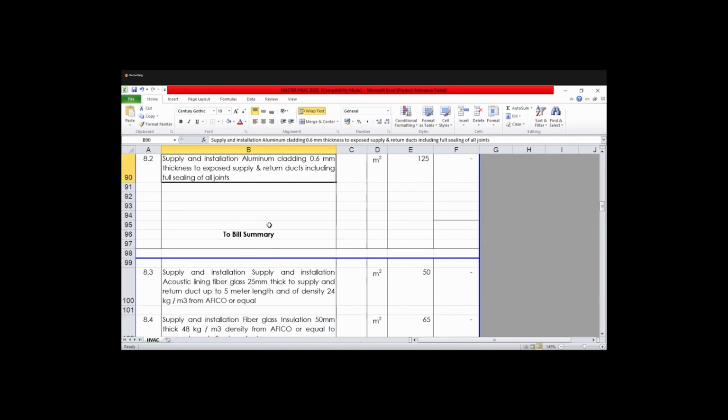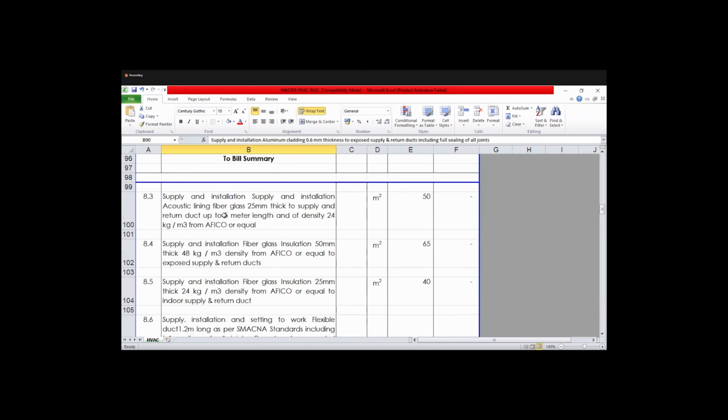Okay. And the next is the insulation part, the supply and installation of acoustic lining. We saw yesterday the acoustic lining that we provide inside the duct. We have to mention the details, 25 mm thick, the density, and the make. Here it is mentioned FECO or equal make.